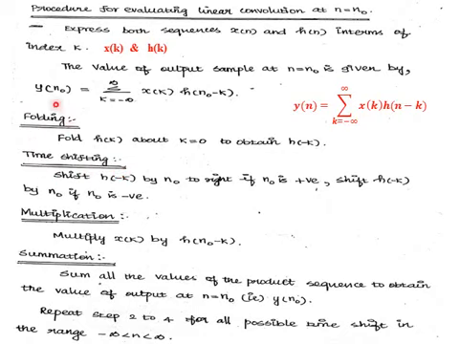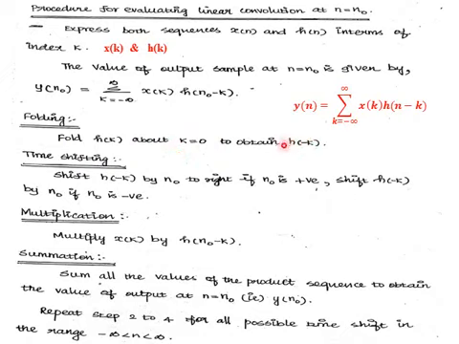We know that folding is one in which k is replaced by minus k. Our input sequence is h of k, but in the formula we have h of n naught minus k. So to get h of minus k, we perform an operation called folding, in which the signal is folded about the origin to get h of minus k.